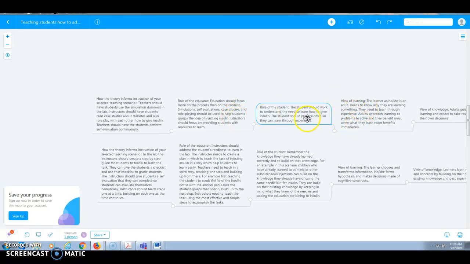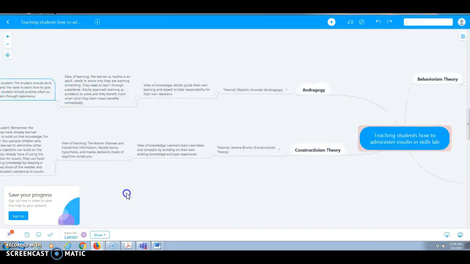So the adult learner has to understand why this content is relevant, why they need to understand the content. Process is important, right? And getting that process down in how to give insulin, but also the reason why, why that process is important. And that speaks to content. Okay. So that's my feedback on there.